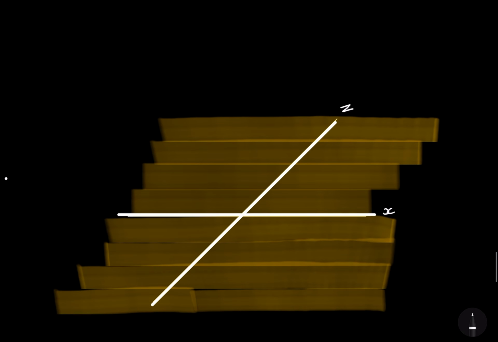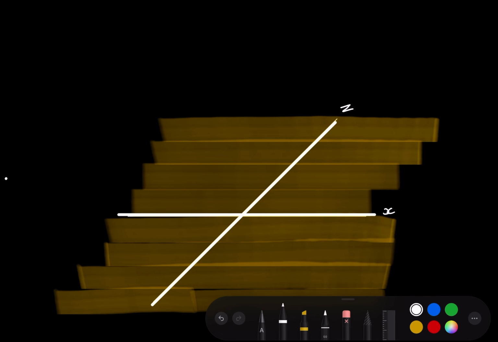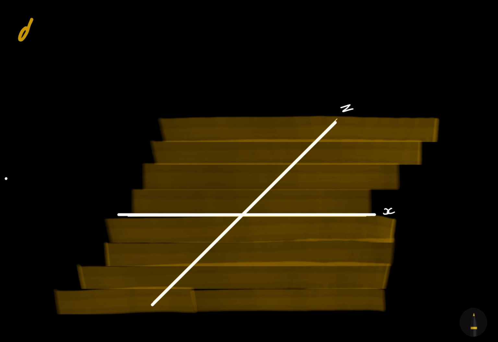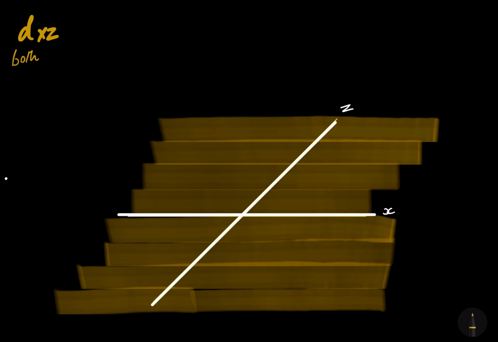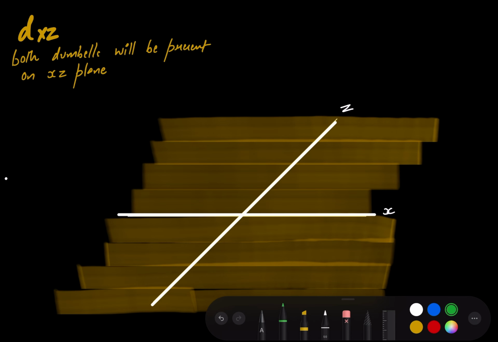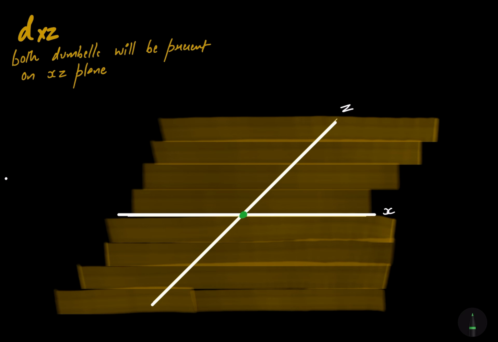Now let's move to the dxz. I'm writing dxz. Here both dumbbells will be present on xz plane. Now let's say nucleus is present over here at the origin.